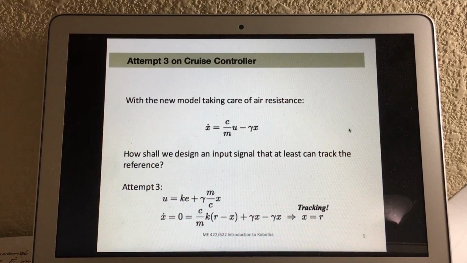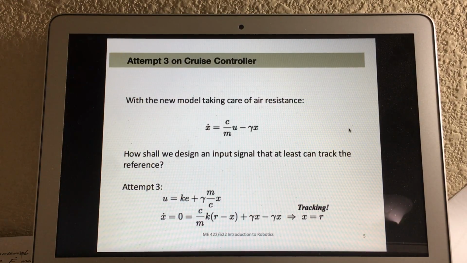So if we put u equals ke plus gamma times m divided by c, times x, we can realize that if we set x dot equal to 0, which certainly is a stable state, then after some struggling, we solve the equation and realize the state should be at x equal r, which is good. At least it can do the job.